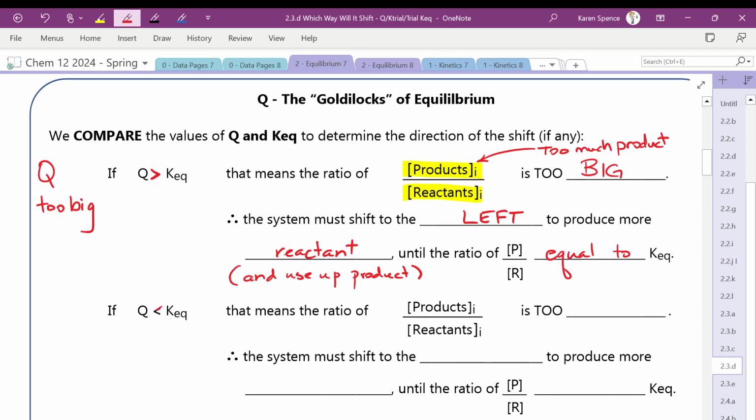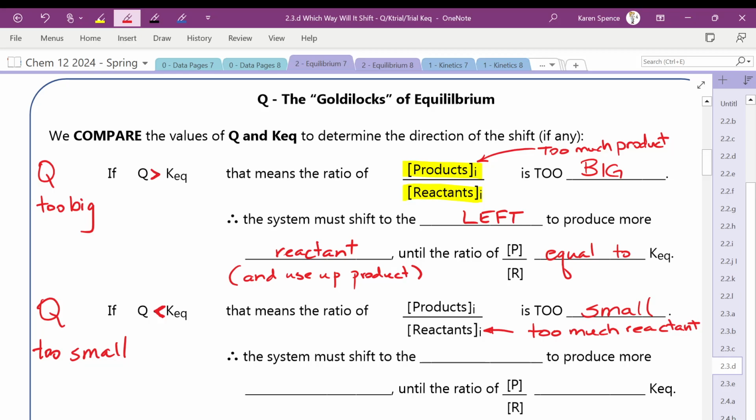Now, if Q is less than KEQ, that means Q is too small. What do we have too much of? We have too much reactant. And if we have too much reactant, which way will we shift?